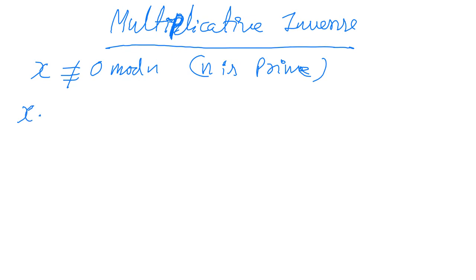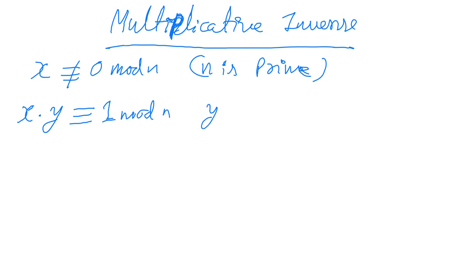It is represented as x dot y is congruent to 1 mod n, right?